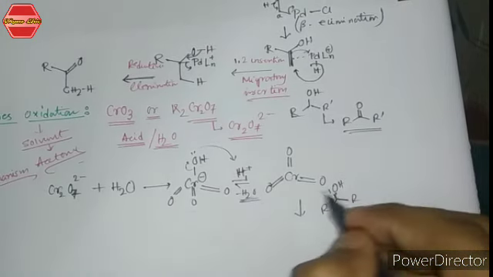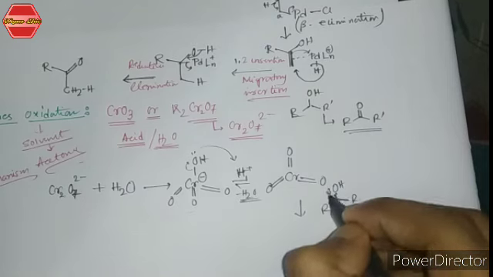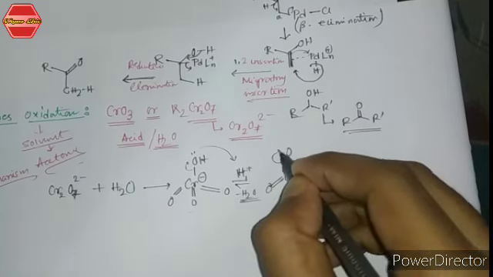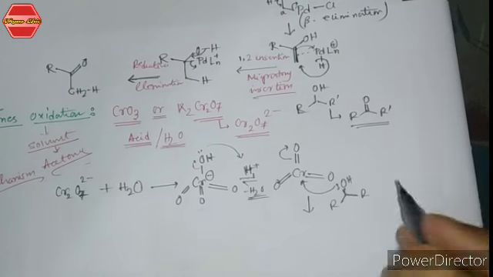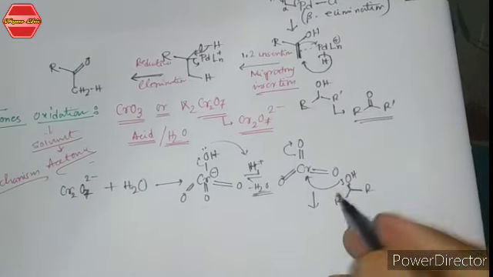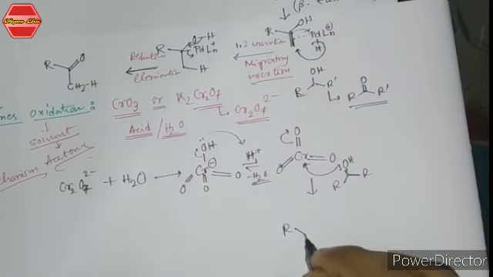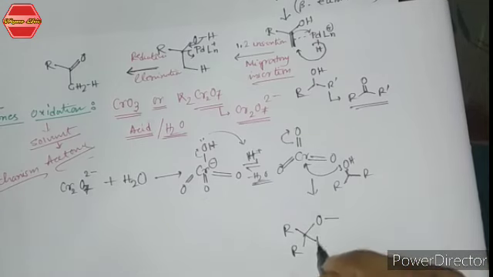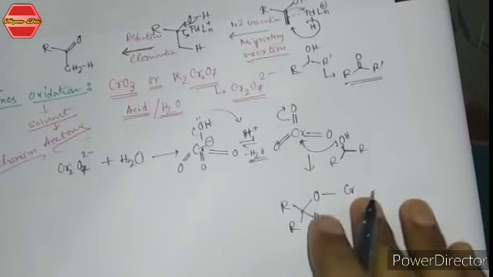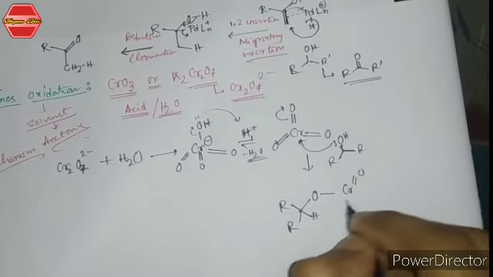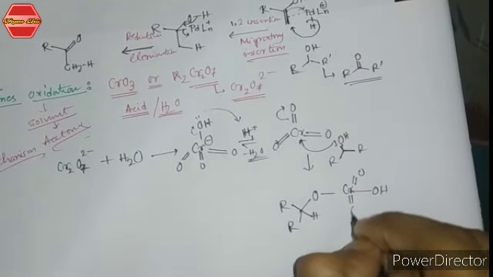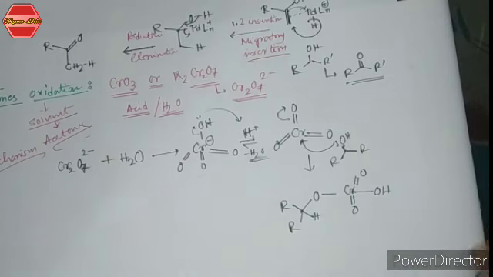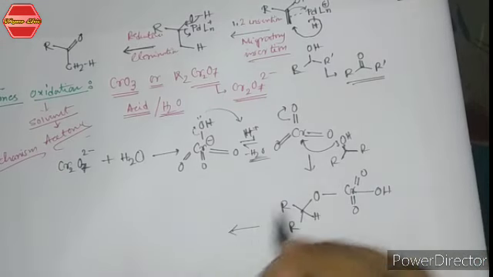The oxygen has a lone pair of electrons and it will attack the chromium center, the bond goes back to the oxygen atom, and there is a formation of this intermediate, with OH, a hydrogen over here, a double bond O, and this OH.